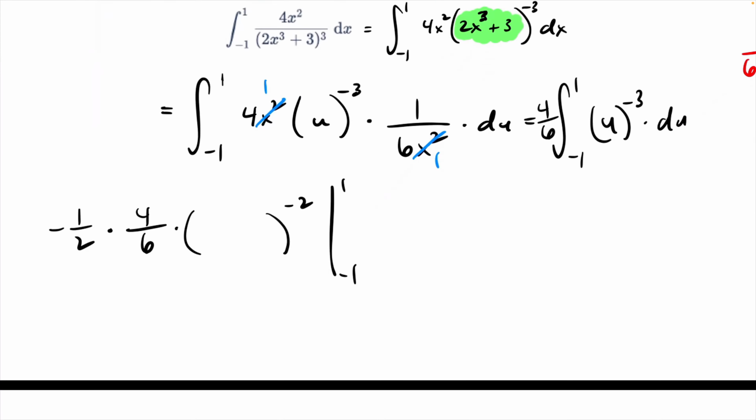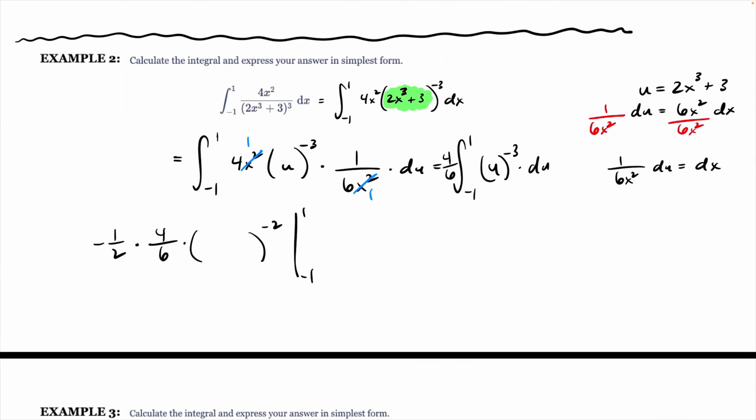All right. Move u back in. It's 2x cubed plus 3. So I get negative 1/3 times u to the negative 2 power. And I have to evaluate that from 1 to negative 1.